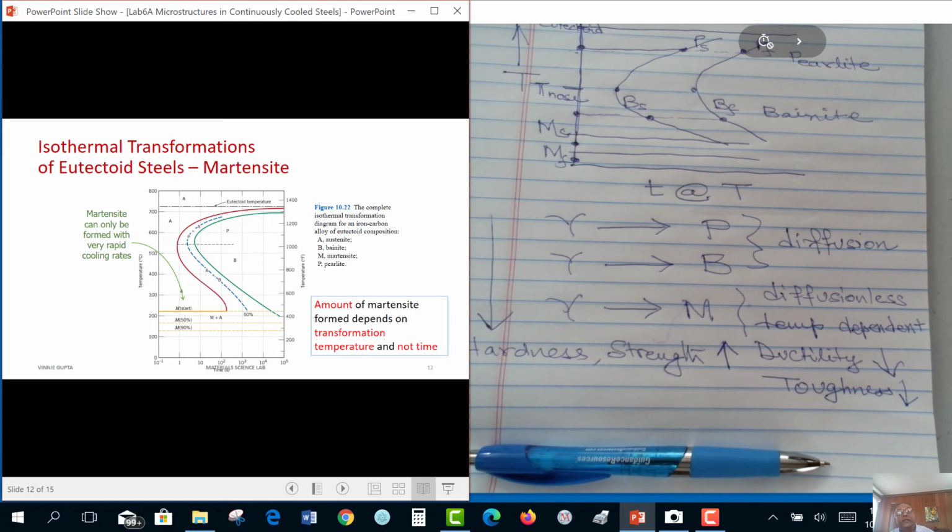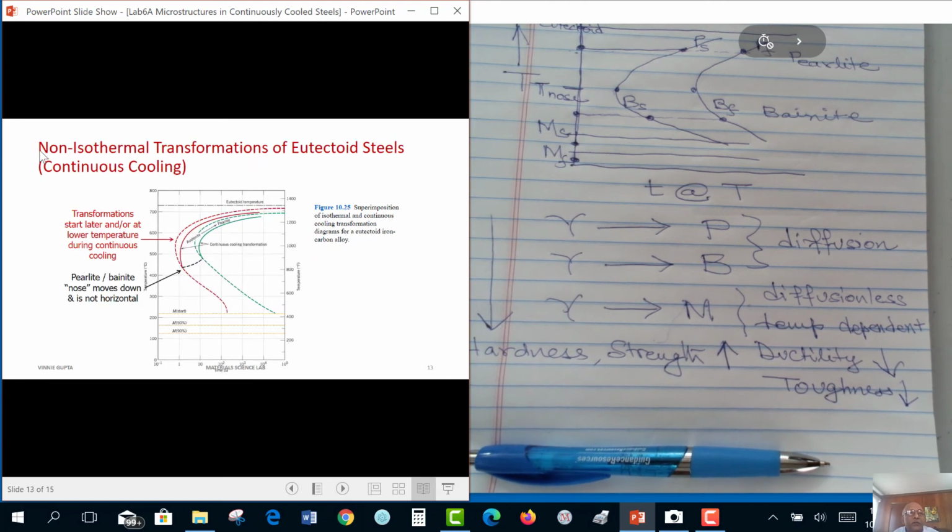In the 50s and 60s, when we were trying to understand transformations in steel, it was very important to measure that retained austenite. Now that we know so much about steels, we know how to prevent having retained austenite.